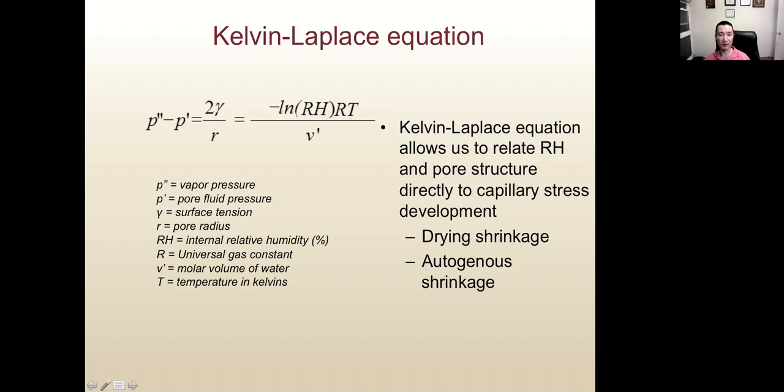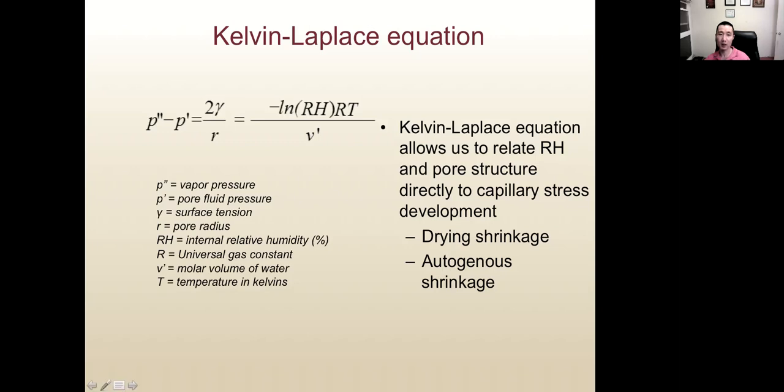Some of these parameters do not change as much, such as R and temperature. But some of them will change, such as pore radius, and surface tension sometimes will also change. So based on this equation, we know if we reduce the pore size, r here, it will increase the shrinkage stress, which is the difference between P double prime minus P prime. If we increase the surface tension, gamma will also increase the shrinkage stress.